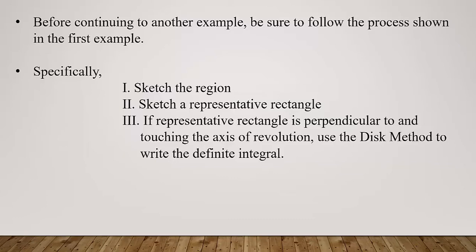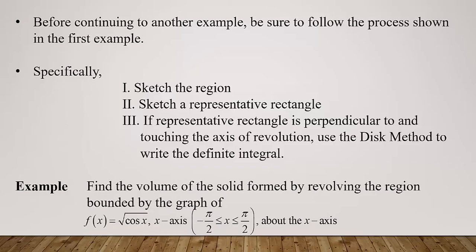It's a distinguishing feature for using the disk method. It is going to be your clue that you need to use the disk method. You put in that representative rectangle. If it's perpendicular to the axis of revolution and it's touching the axis of revolution, that's your signal. Use the disk method. So let's do another example.